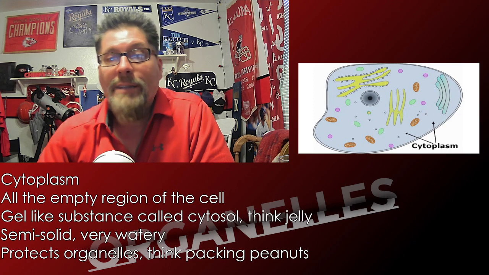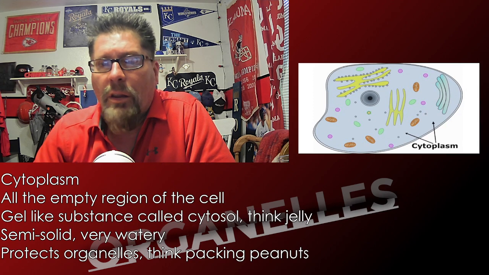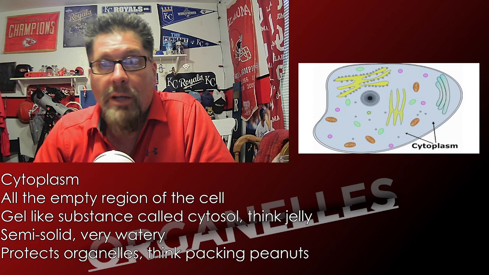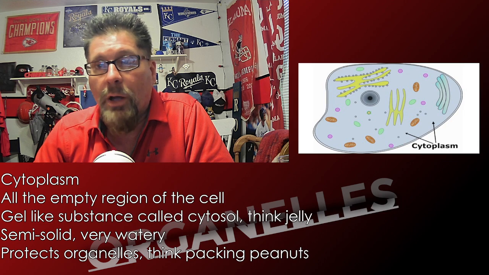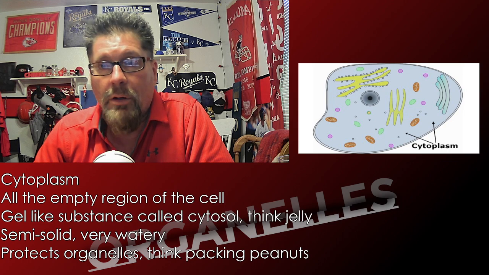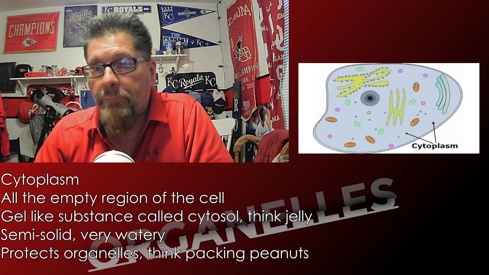Okay, now on to the cytoplasm. Again, not a lot of discussion here, just recognizing what it is. All the space of a cell that's not taken up is the cytoplasm. So there's no actual place in the cell that's empty. It's either got an organelle or it's got cytoplasm, one of the two.